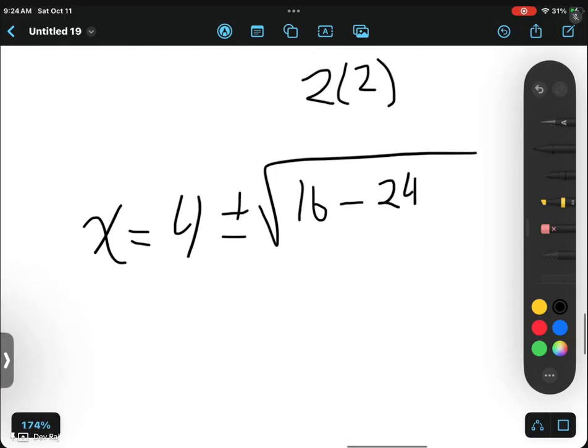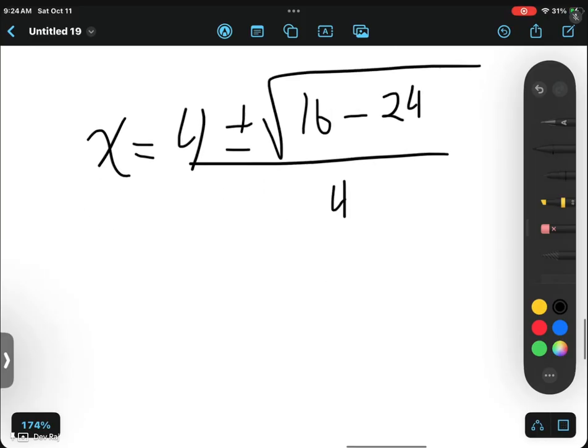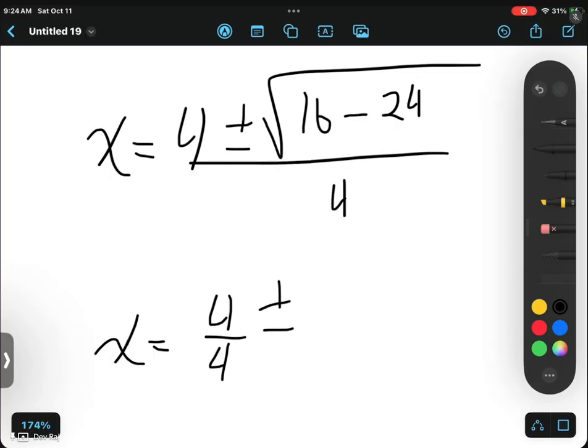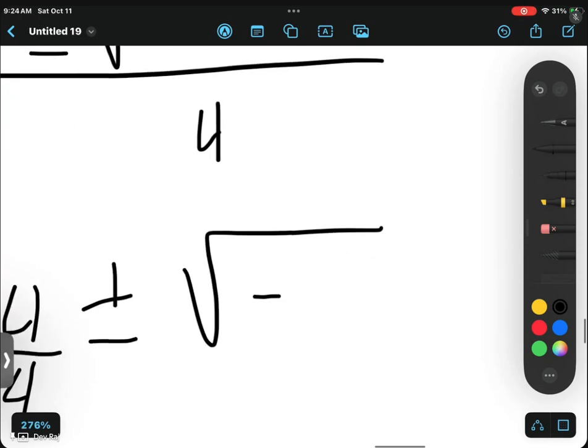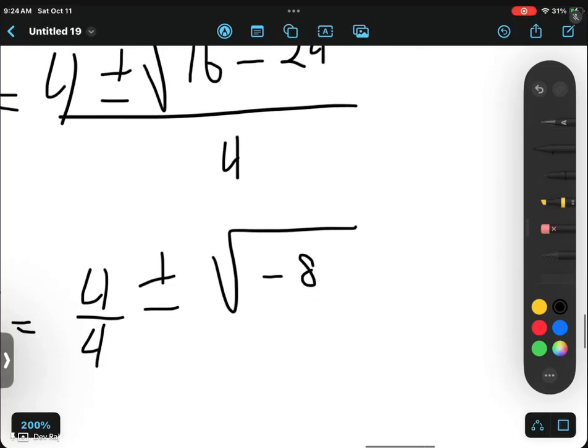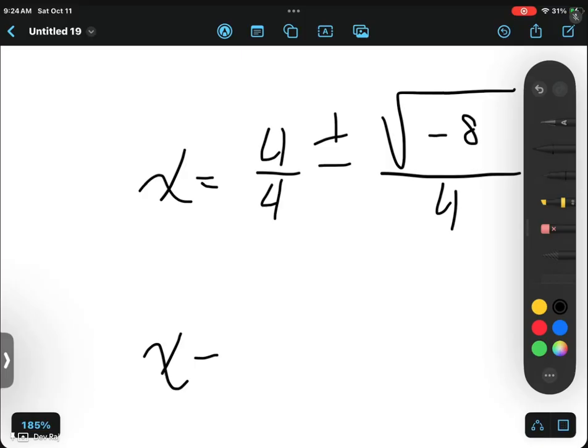And then it's all over 2 times 2, which is 4. So then x becomes 4 over 4 plus minus the square root of 16 minus 24, which is just negative 8, over 4. Then x equals 1 plus minus the square root of negative 8.